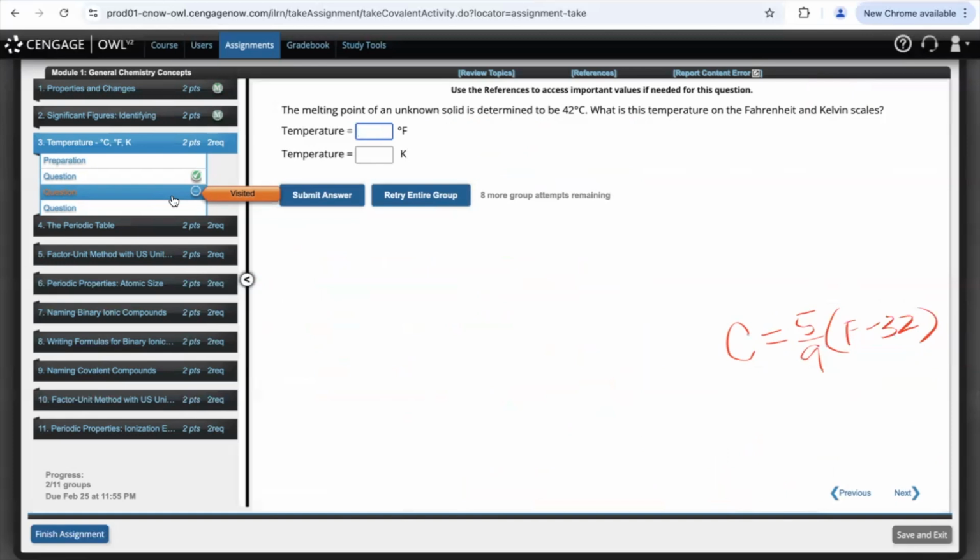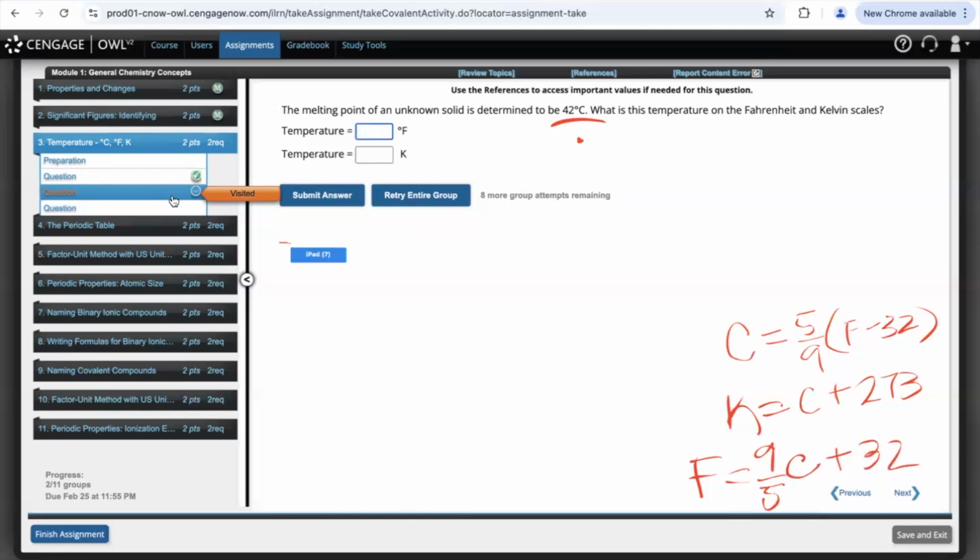And then Kelvin equals Celsius plus 273. Oh no, I'm sorry. Now we're given Celsius and we want to solve for Fahrenheit, so that is this route.